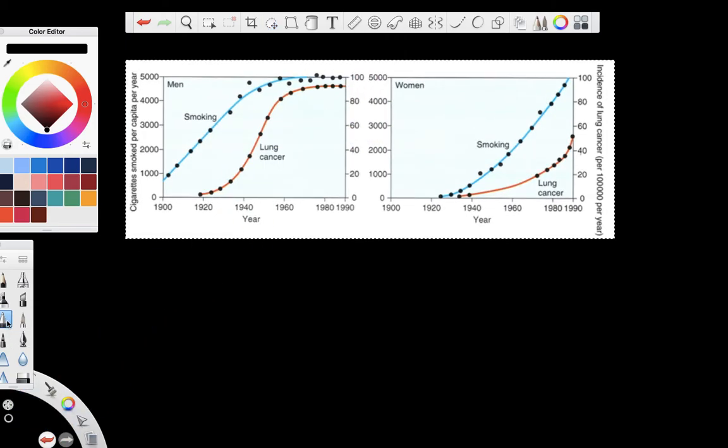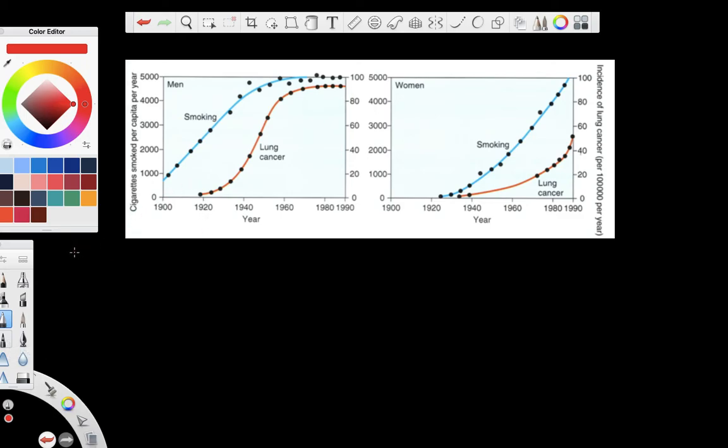We can bring back our pen. We can put it into red so that I can mark. So it's asking, what do these graphs show about smoking and lung cancer?